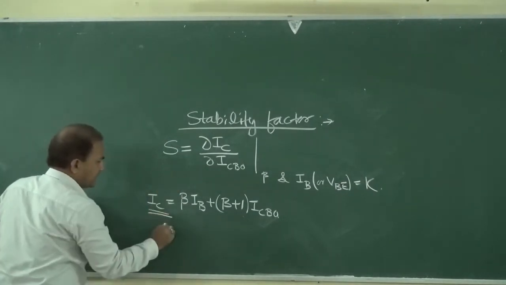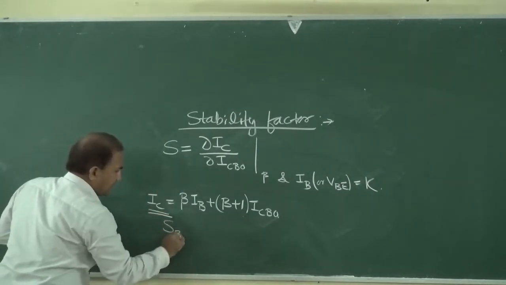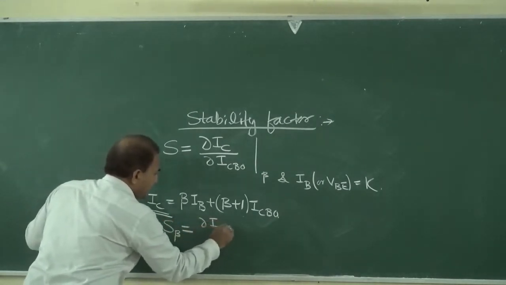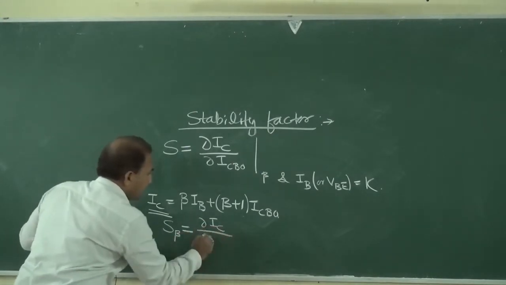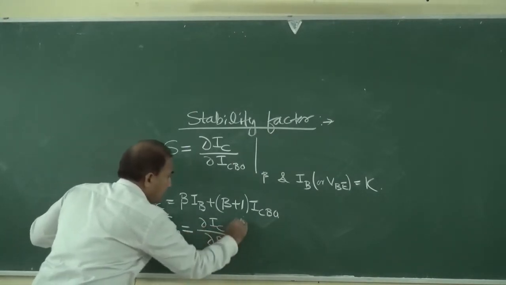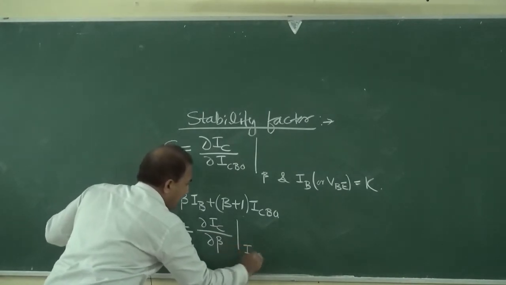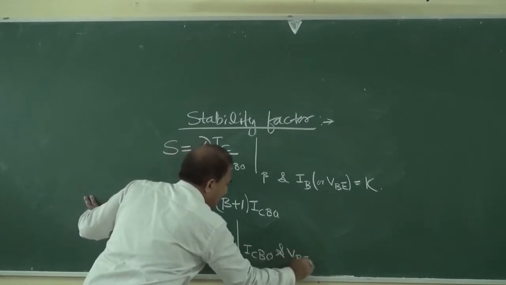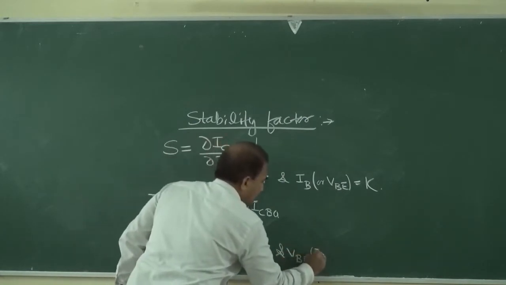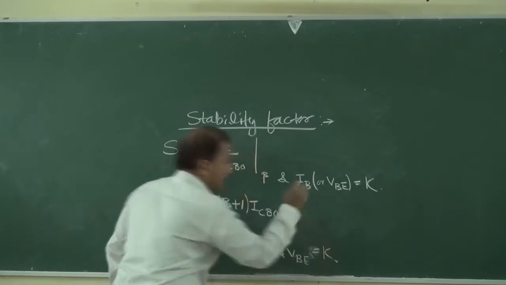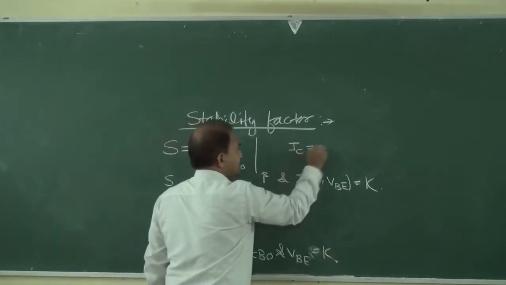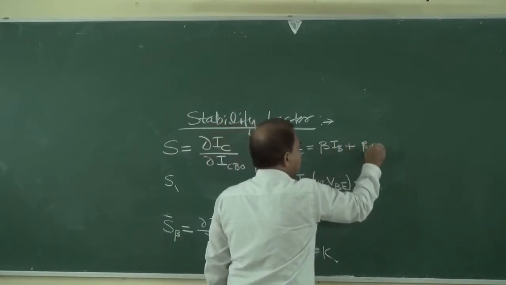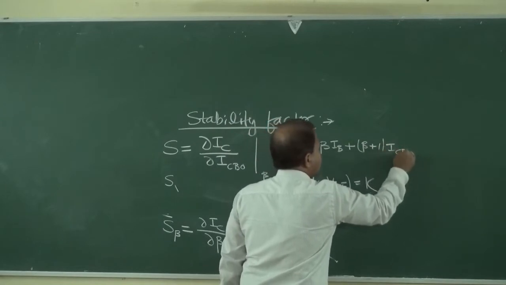Or we can express the stability factor another way: S beta is equal to del IC divided by del beta when ICBO and VBE, or IB, are constant. The expression for IC is beta IB plus (beta plus 1) into ICBO.